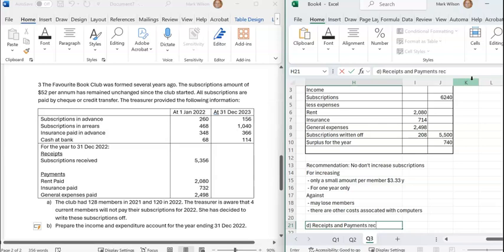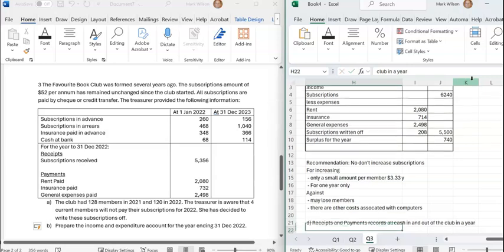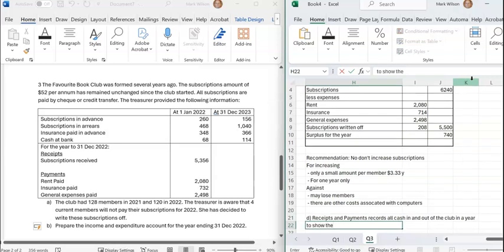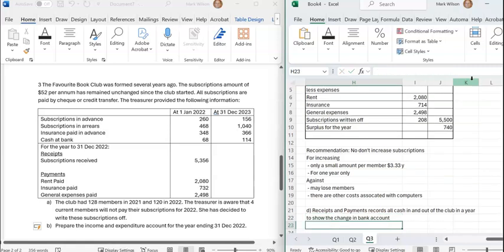It records all cash in and out of the club in a year to show the change in bank. So basically you've got your receipts, you list those, your payments, you list those. That gives you a surplus or deficit of cash. You add that to the beginning bank account and it gives you your ending bank account. And club members want to know how come the bank account's gone up or down.